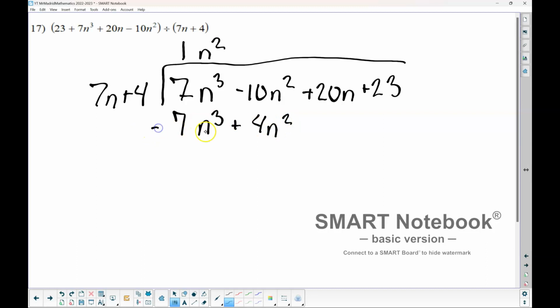I'm going to subtract this. You have to be careful, you're subtracting this whole thing. This part cancels, and here I have negative 10 minus 4, so I have negative 14n squared. Now I bring down this next term.